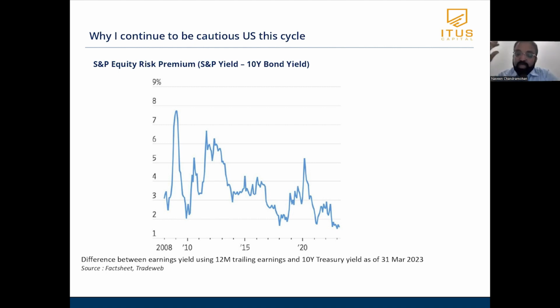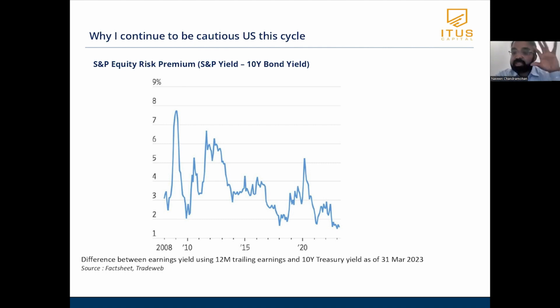In the US, equity risk premium is the difference between the S&P yield and the 10-year bond yield. What does this mean? Assume the PE multiple you give to the index is 20.